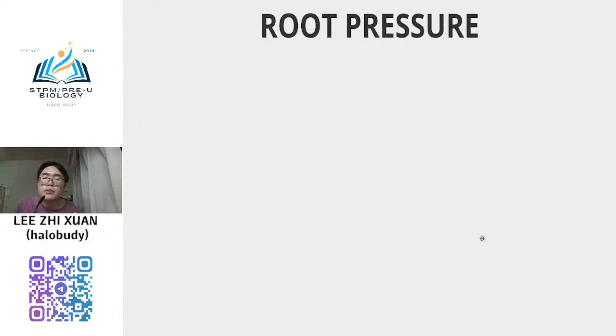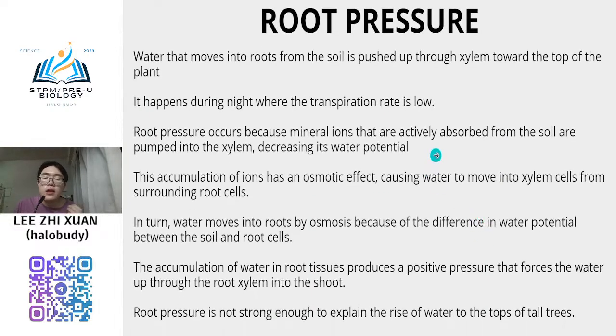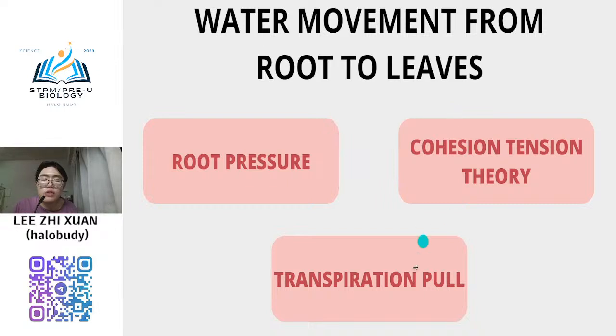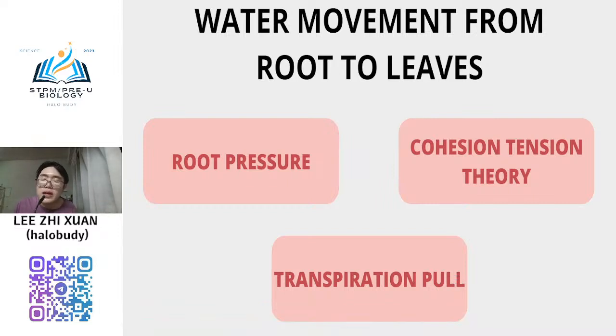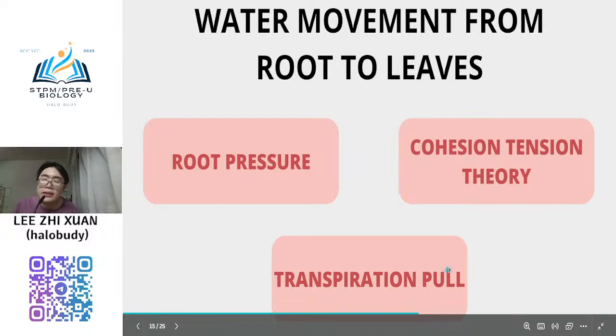Okay, root pressure. Root pressure actually is a very simple theory compared to the transpiration pull, because it is the pushing theory, meaning that the water is pushed from the root to the leaf. Compared to this, transpiration pull, as the word pull already says, means the water is pulled from the soil, from the root to the leaf.